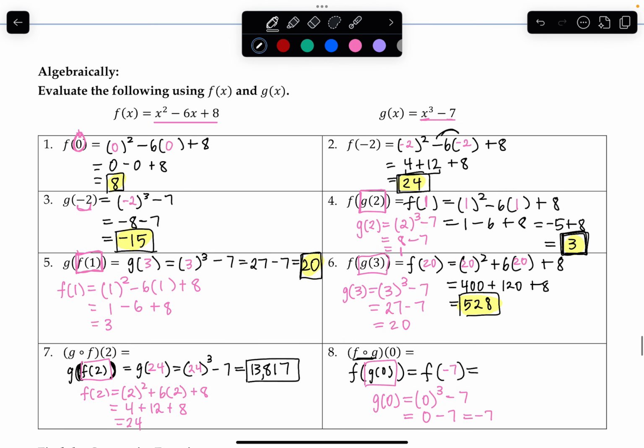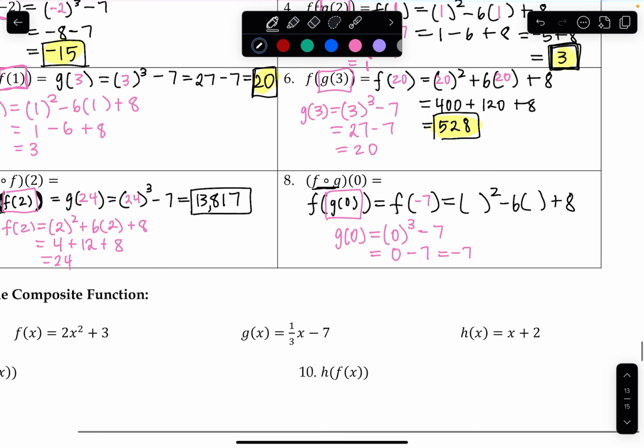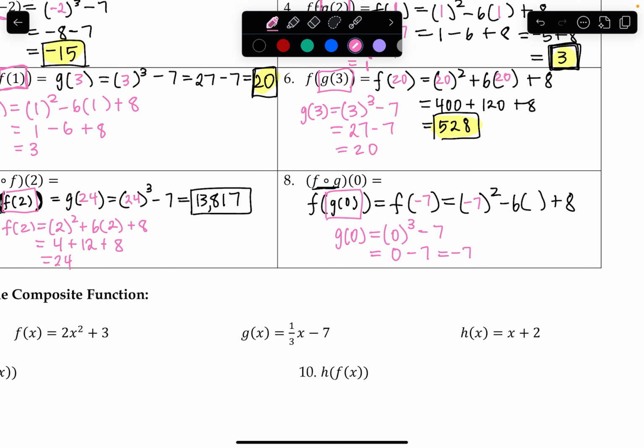Getting the rule for f, it's x squared minus 6x plus 8. Always going back to these rules up here. And this time we're plugging in -7. Remember, when you square a negative number, it becomes positive. So 49, negative times negative is positive 42, plus 8. And then 49 plus 42 plus 8 is the same thing as 49 plus 50, which is 99.